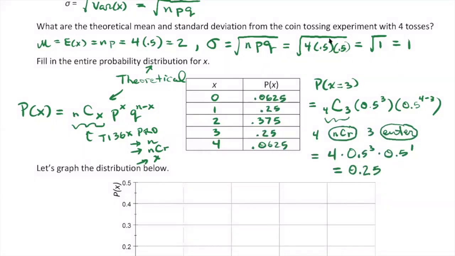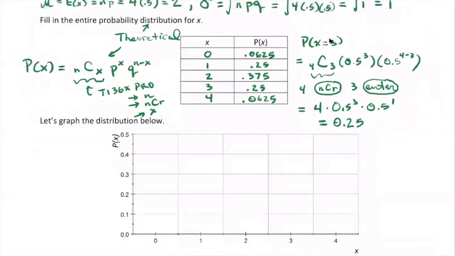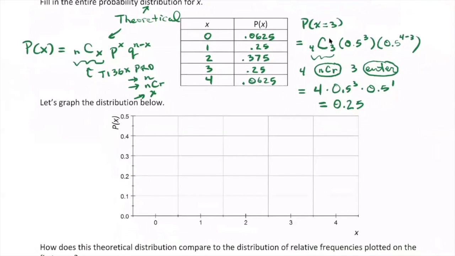Okay, so I filled in the rest of the probabilities, and those are all computed with the same formula. And I want to go ahead and make this probability distribution now.